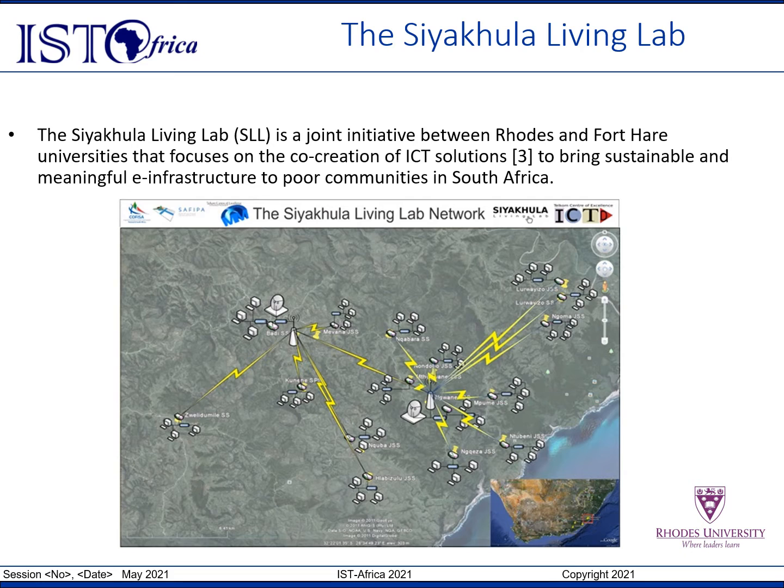On this diagram, you can see we have nodes which are clustered here, and this one, and this one. In these nodes, there are computer labs which are using the LTSP infrastructure, and it's connected via the whole network.